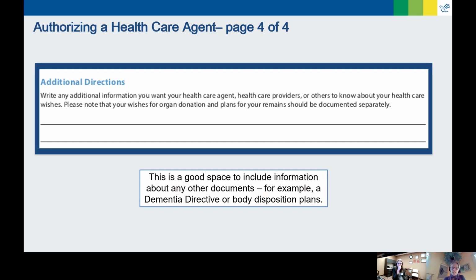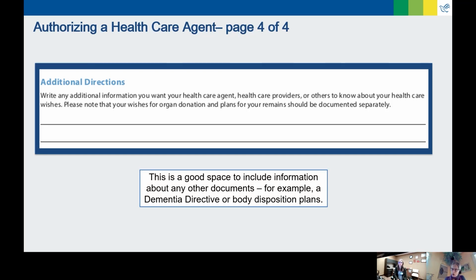If you completed that supplemental document, super helpful to write on this one, see Dementia Directive if needed. We do have some COVID addendums, some samples of them on our website. Some people are wanting to be very specific about the kind of care they would or would not want if they got COVID.